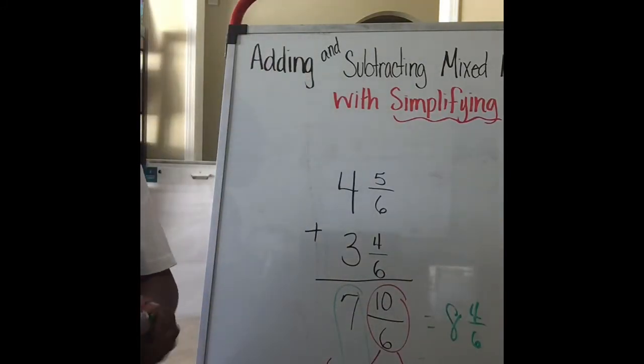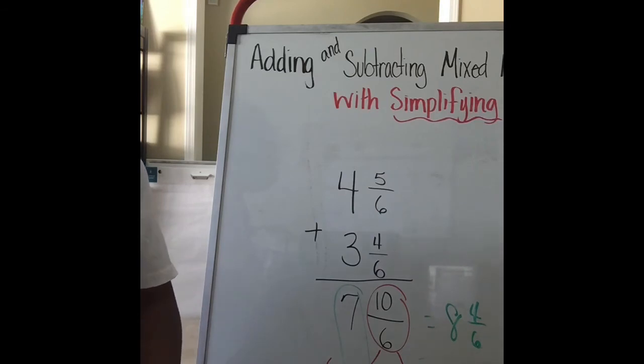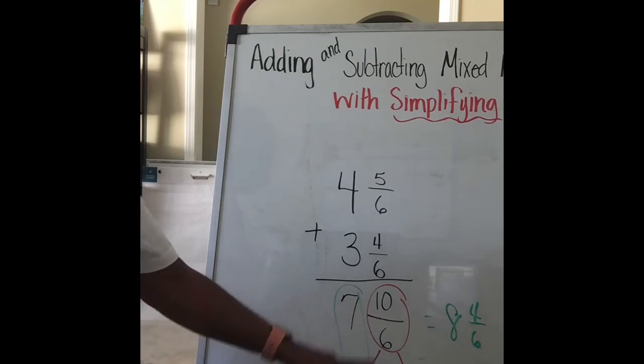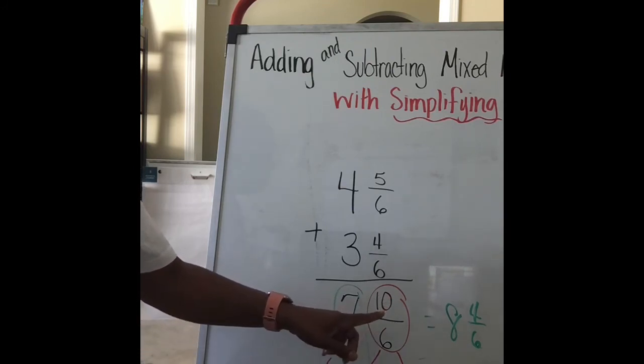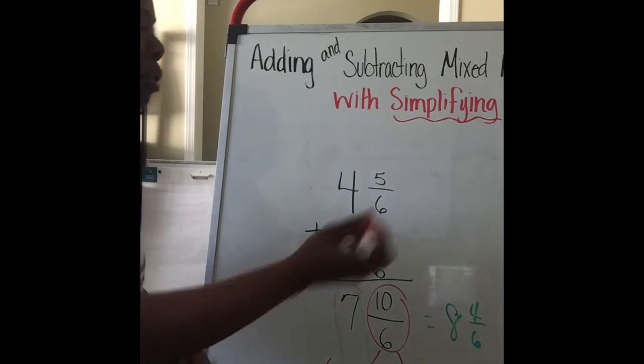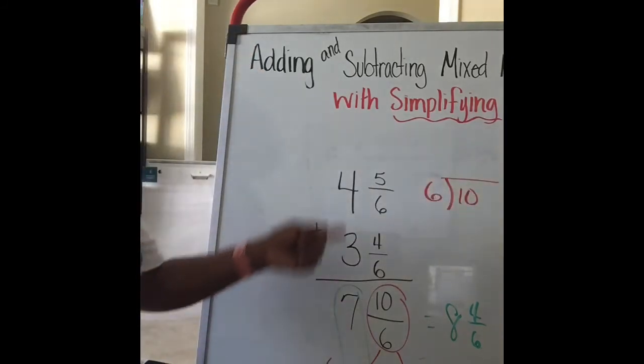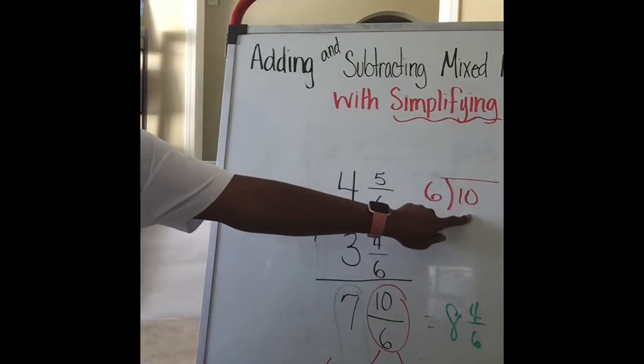Okay? So scholars, when you're doing your fractions, don't forget there will be times you'll have to simplify. You can always come back to this video as a reminder if you have to. And there are other strategies you can use too to simplify. You could divide. Remember we talked about division. So you could say 10 divided by 6. How many whole times does 6 go into 10?